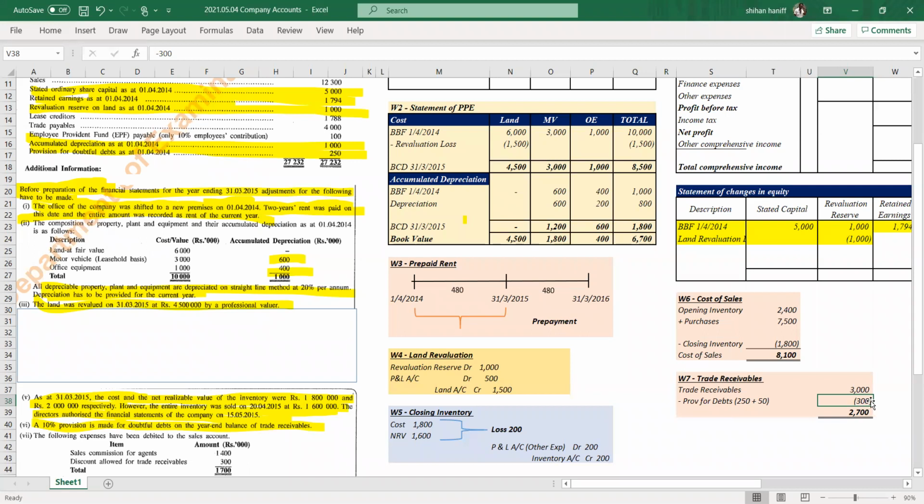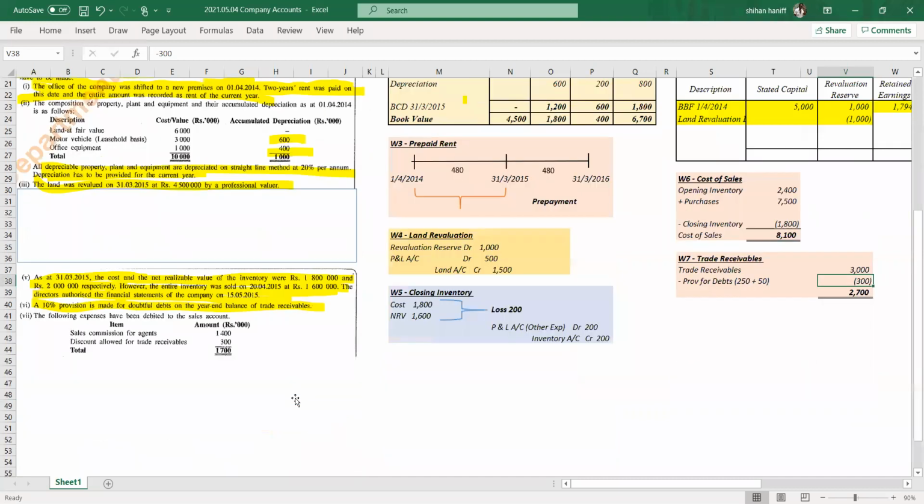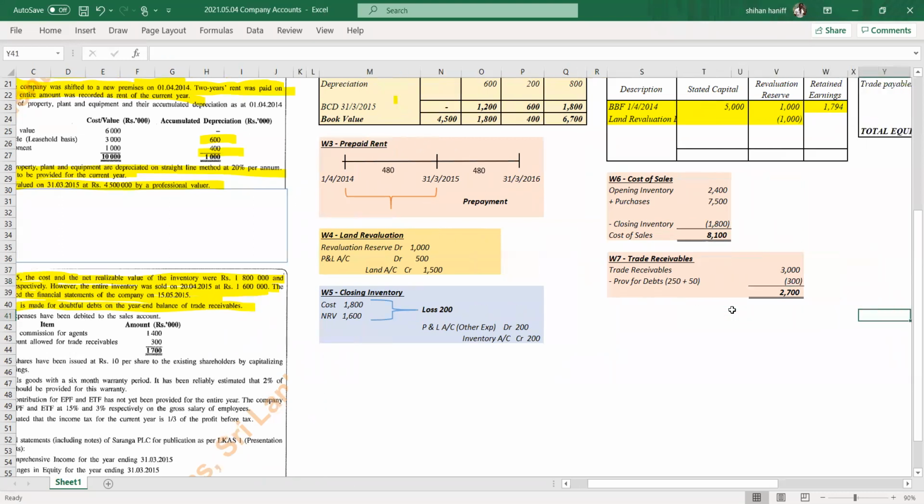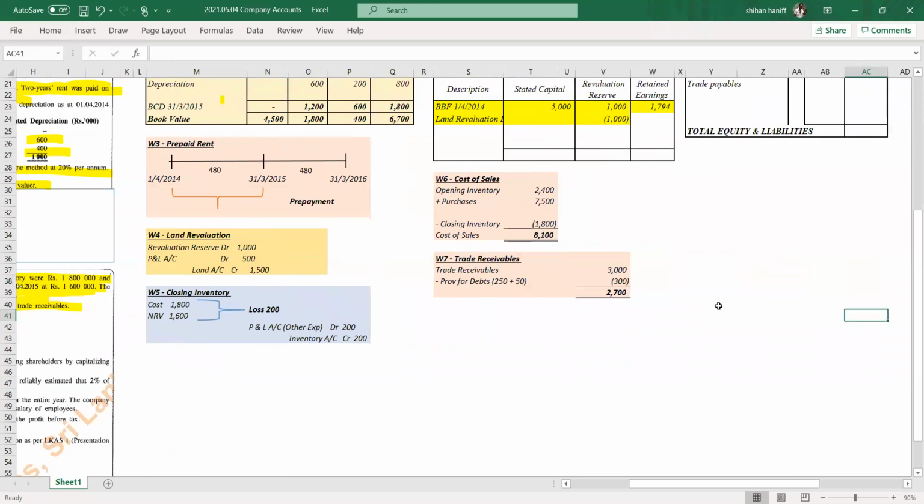This year only 50. Working number 7. If you didn't understand, I will show you the trade receivable ledger account. And if you didn't understand, tell me so I can explain in different methods.